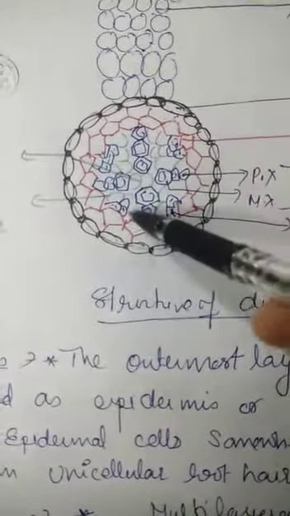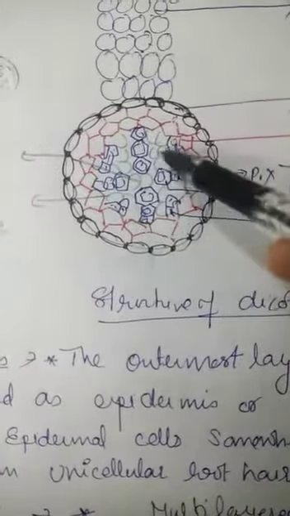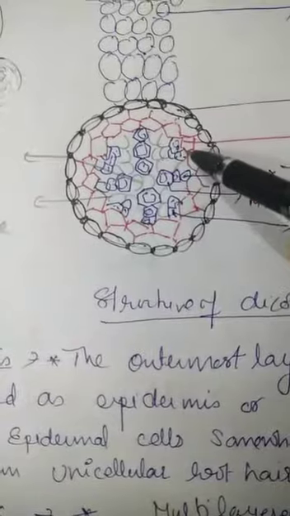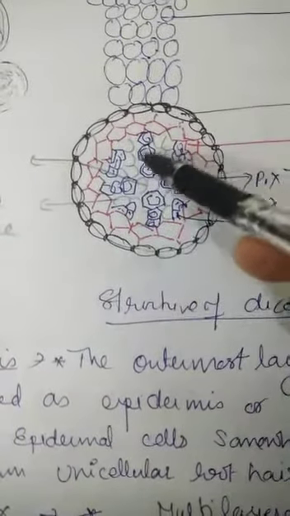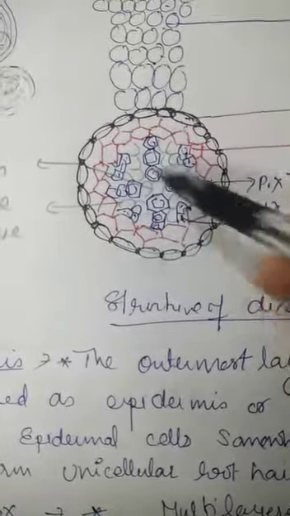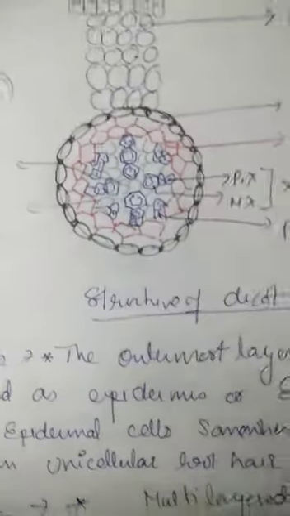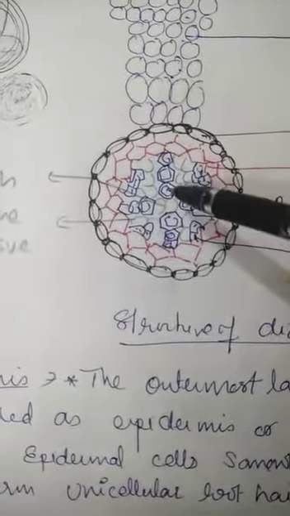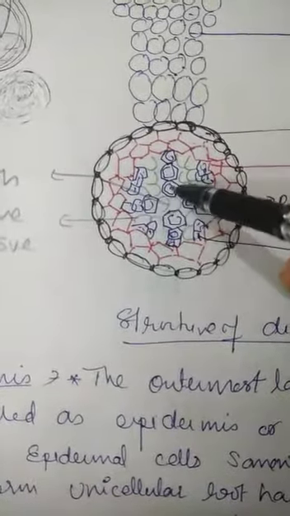Now comes the vascular region. Vascular bundles have xylem and phloem; this is xylem, this is phloem, and they are present alternately. Hence this vascular bundle is called a radial vascular bundle, number 1. Number 2, you can see the large vessels are towards the pith.